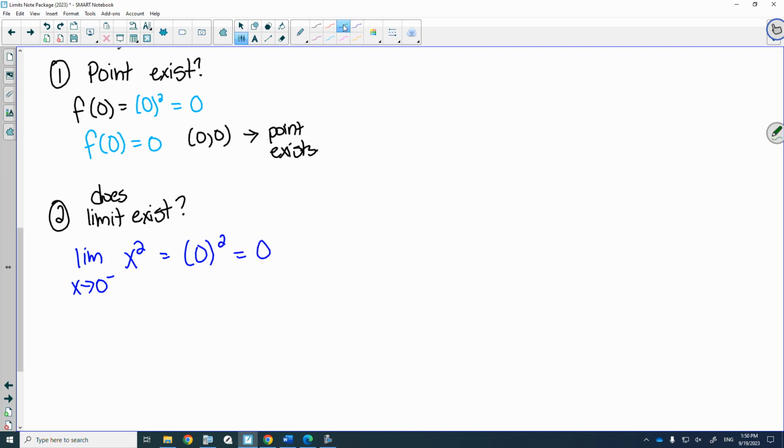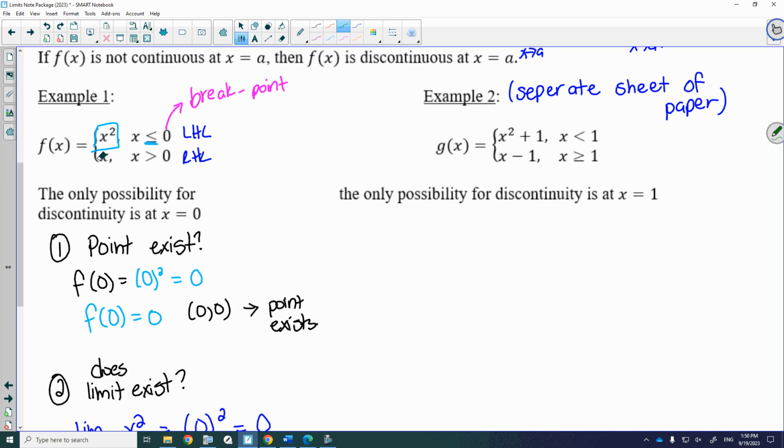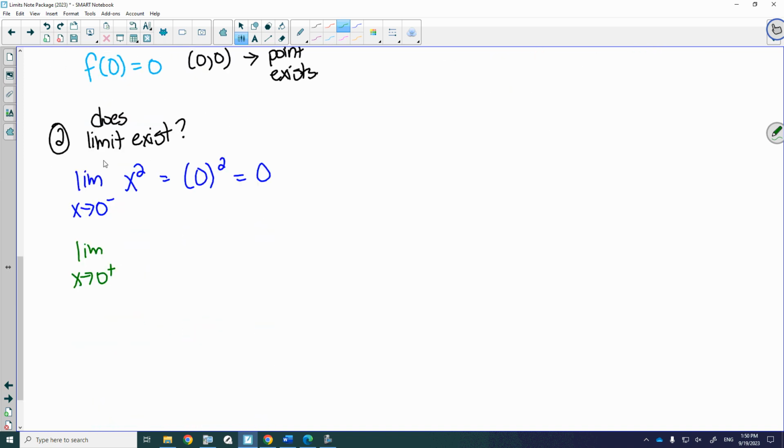Now I need to approach my limit as x approaches 0 from the right-hand side. Right of 0 would be the right-hand limit. So I'm going to plug it into x is my function. Plug 0 in, and we're going to get 0. The limit exists if the left-hand limit equals the right-hand limit. So what do you guys think? Does the limit exist?